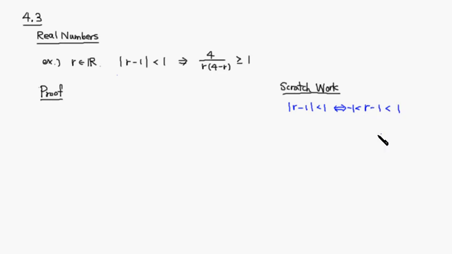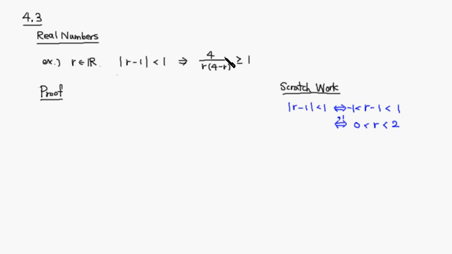Then we can simply add 1 to each term, so that r is isolated. Adding 1 to negative 1 gives 0, and adding 1 to 1 gives 2. So what the hypothesis is telling us is that r is always between 0 and 2. That's probably useful to know.